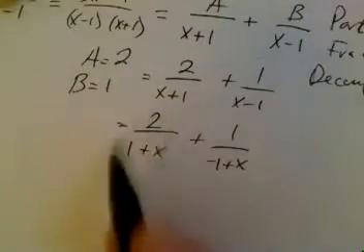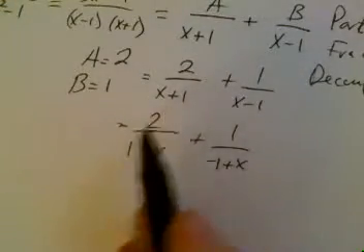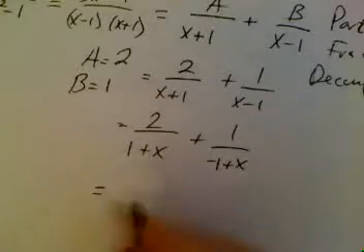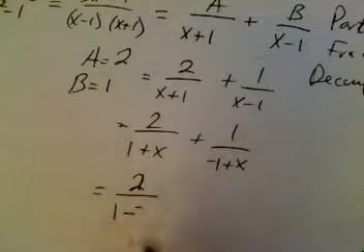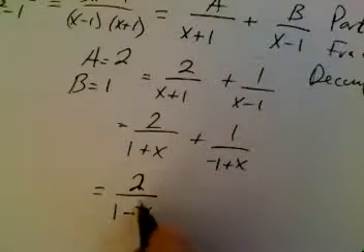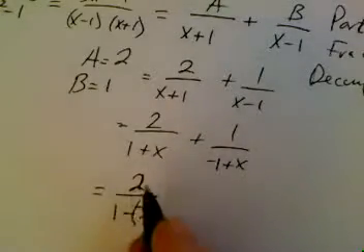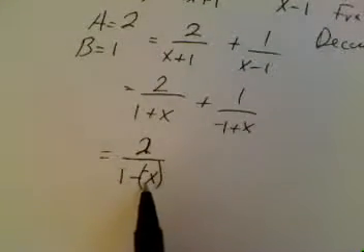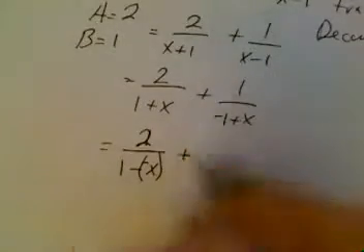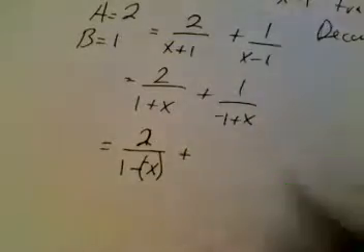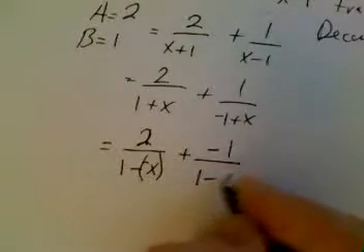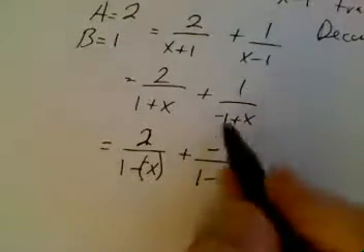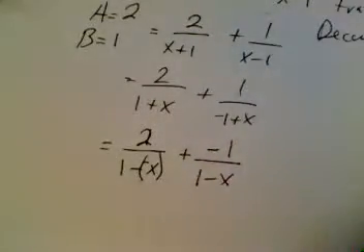Now for this one to be something over 1 minus x, I need to change this to be 2 over 1 minus negative x, because then it's plus x. So that's the first one, and the thing that gets plugged into the series is negative x. This is plus. On this side, all I really have to do is factor out a negative. So I'm going to factor out that negative and make this 1 minus x on the bottom. Again, changing the sign to a positive, changing the sign to negative.